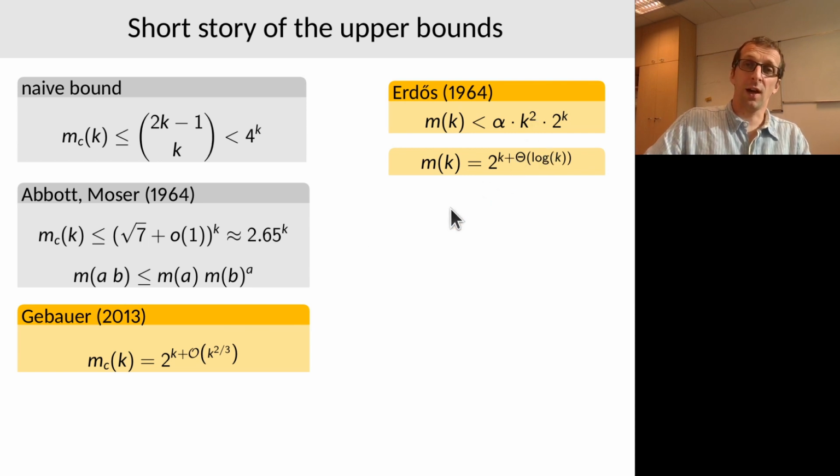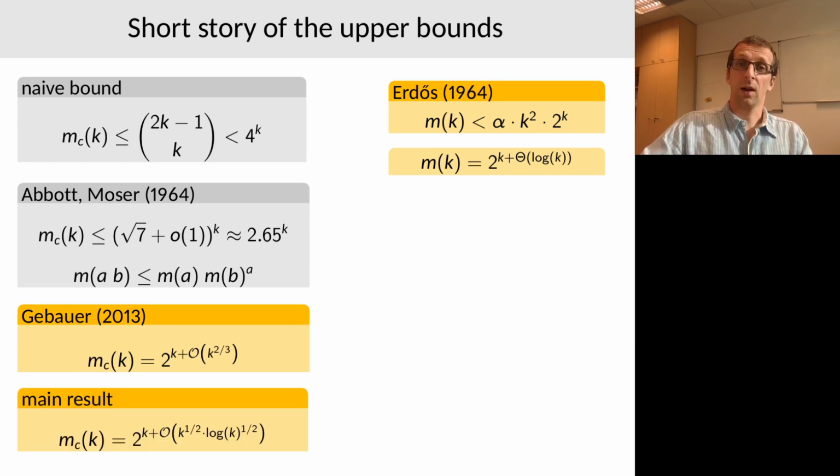I think it came as a surprise that a succinct construction like that can give an outcome that is so small. I spent some time playing with this construction and trying to understand its behavior better. At some point I found a way to improve it, and that is the main result that I'm going to speak about.